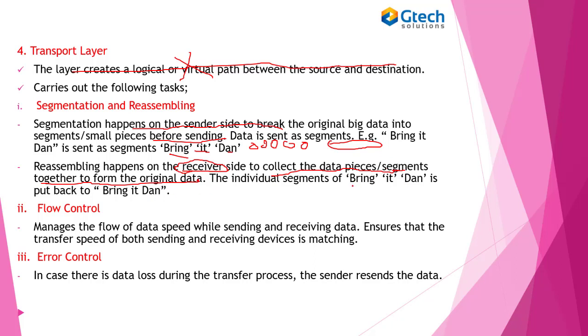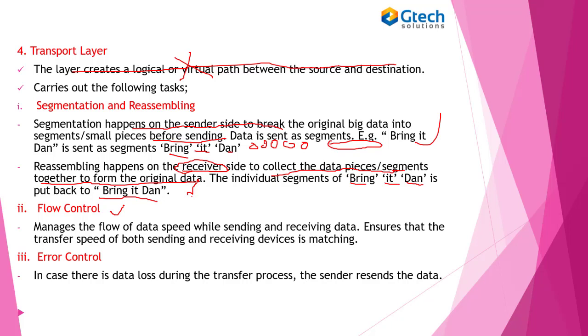For example, when the data was sent as segments "bring", "it", "done", it is put back to form "bring it done". So understand that. I hope you understand the difference between reassembling and segmentation.